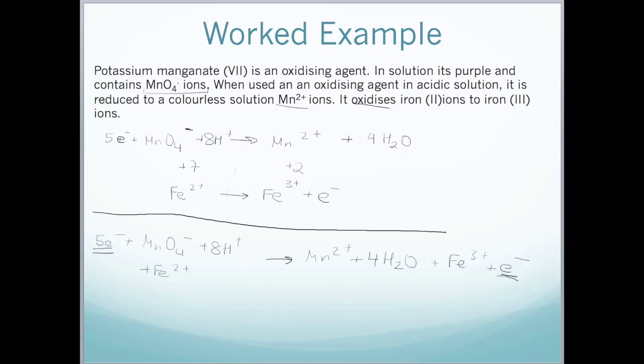They don't balance. So in order to get a balance in the electrons, we have to multiply this equation by 5. So in this case we have 5 Fe2+, we also have 5 Fe3+ plus 5 electrons. So this allows us to cancel out the electrons, and this is our final.